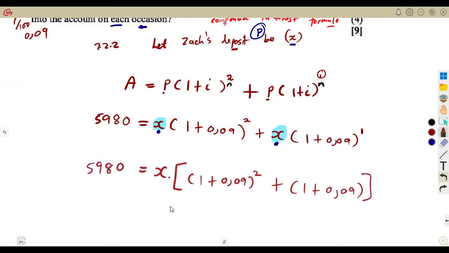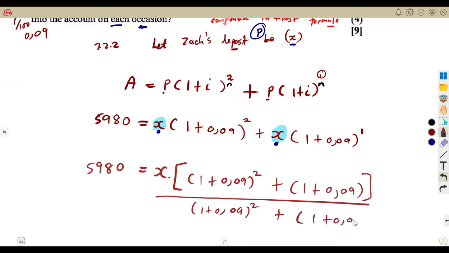I need to solve for X. This is a product, so simply divide by this bracket on this side, (1 + 0.09)^2 + (1 + 0.09). Do the same on the other side, divide by (1 + 0.09)^2 + (1 + 0.09).